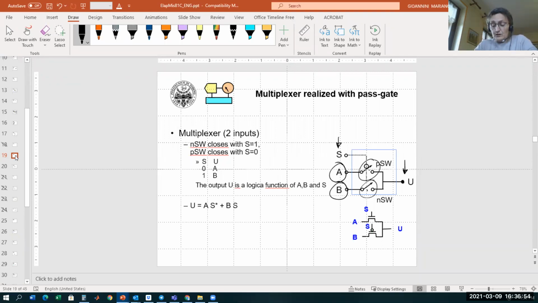And you can use for this switch an NMOS in parallel here with a PMOS. You see that when S is high, the NMOS is closed and the PMOS is open. So you set the output U equal to A, and vice versa when S is equal to 0. And this is a very simple way for realizing a multiplexer function.